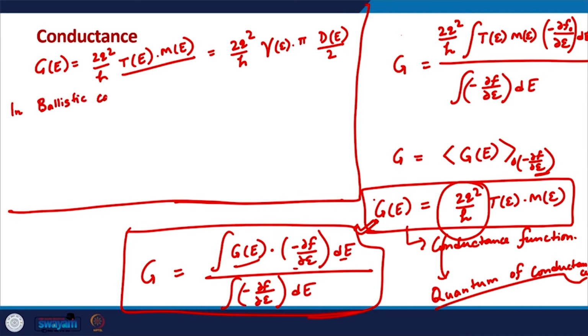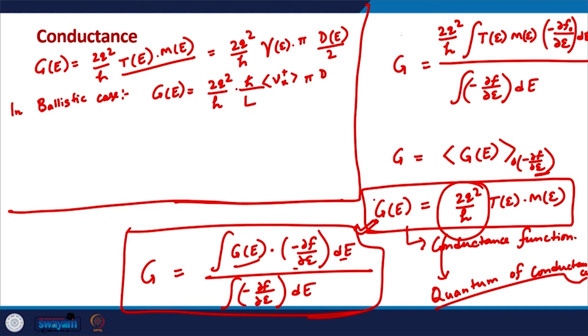in the ballistic case, the conductance function is 2q square by h, gamma is h bar by tau, and tau is L by the average velocity in the x direction.